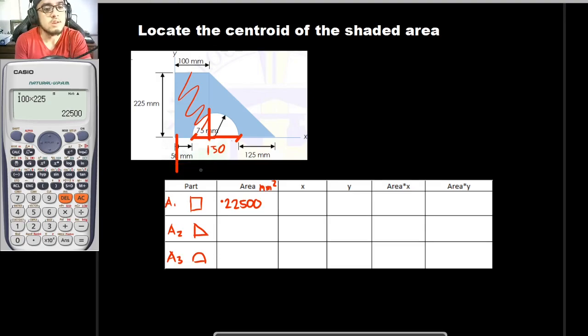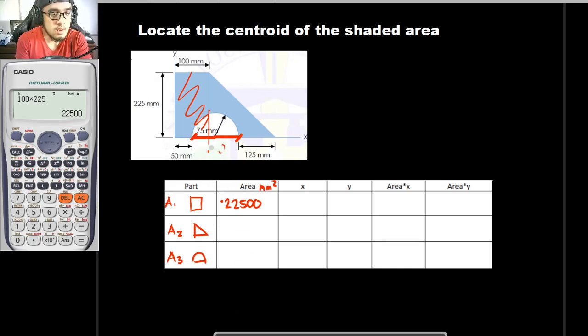So if that is to be 100 mm and this is already 50 mm, it is safe to say that from this side right here up to this side right here, that is to be 50 mm.